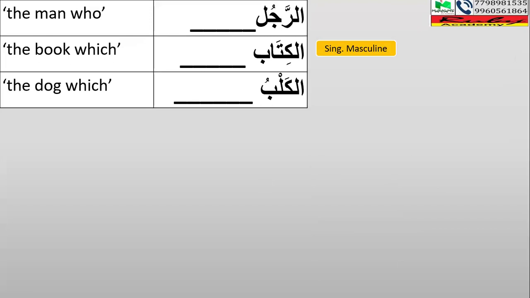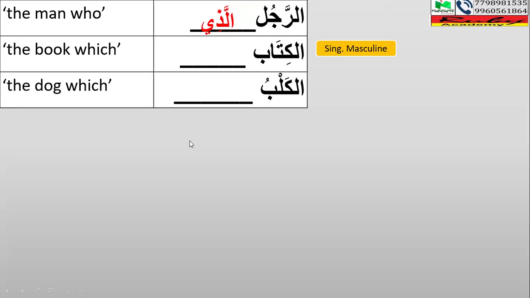This is the singular masculine. The man who. Ar-rajulu, what will be here for the singular masculine? Yes, it is allazi, the man who. But when you talk about non-human singular masculine, you need to translate which.